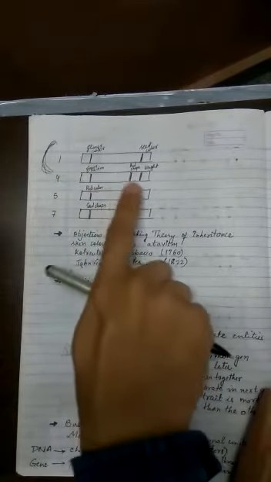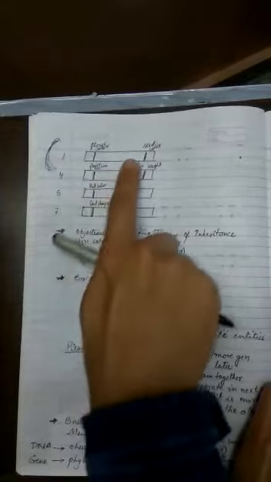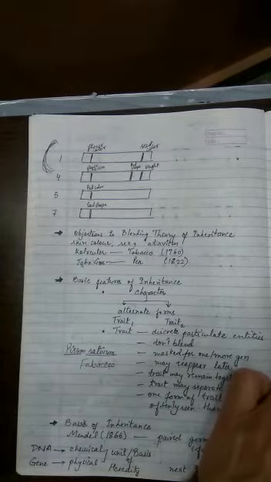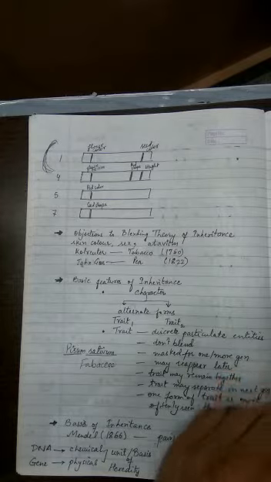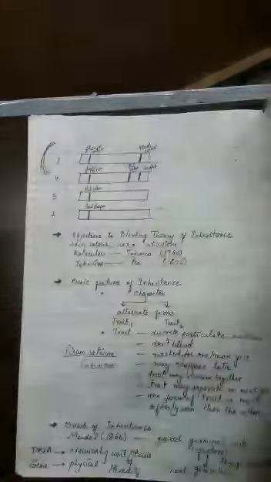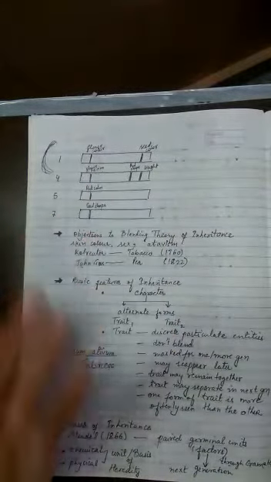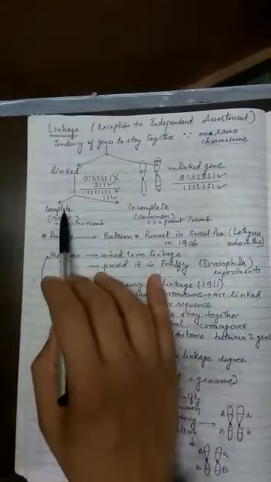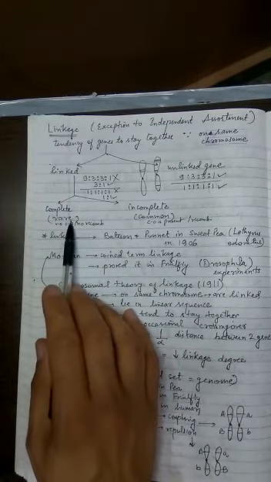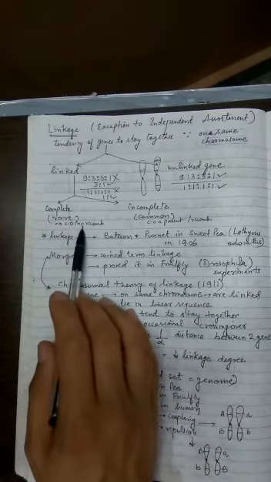But when two genes are far, there are more chances for crossing over to occur between them, so they have more chances to undergo separation. But remember, 100% separation will not be possible because the chance factor is always involved. When two genes are very close to each other, they will rarely undergo recombination.